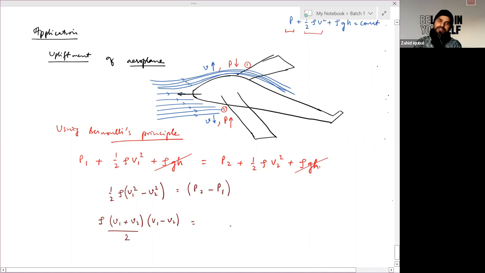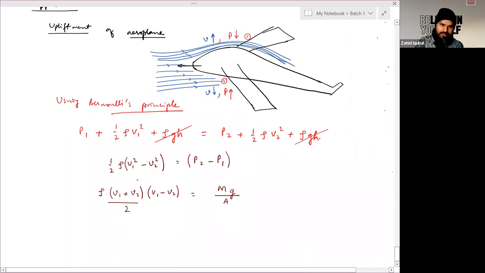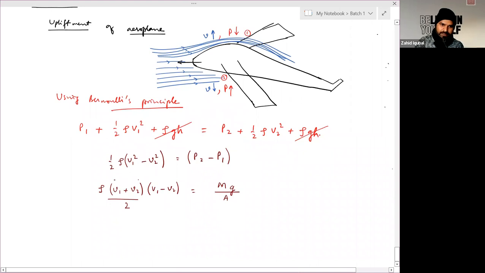Force is mass of the system times gravity, divided by area of cross section. Now this entire quantity is nothing but (V1 plus V2) divided by 2, so it will be termed as average velocity. And this particular quantity will be termed as change in velocity.